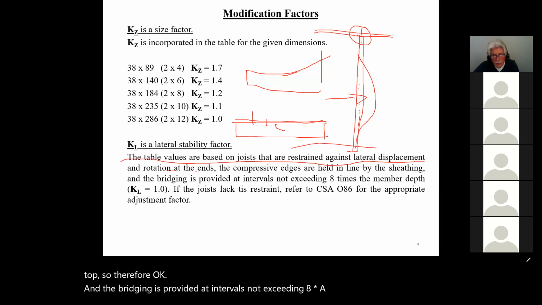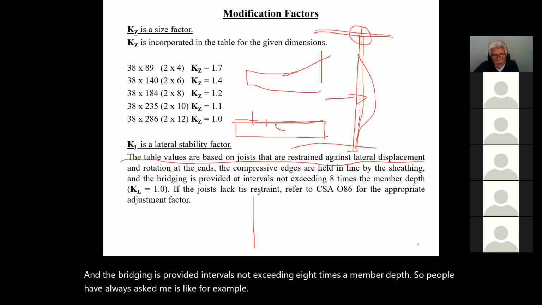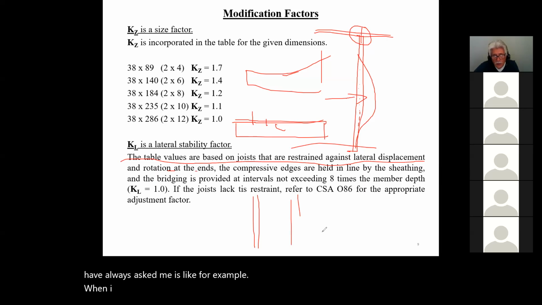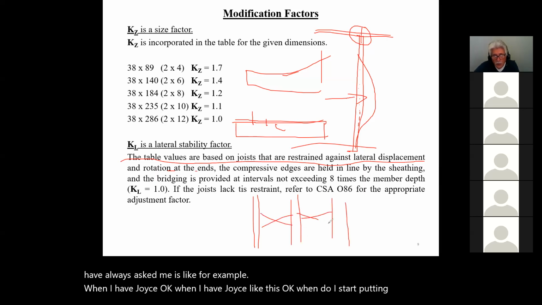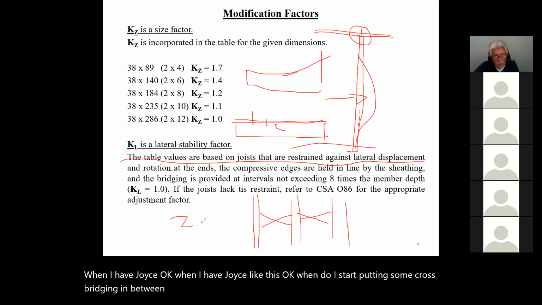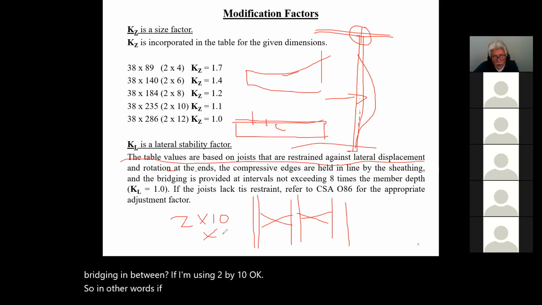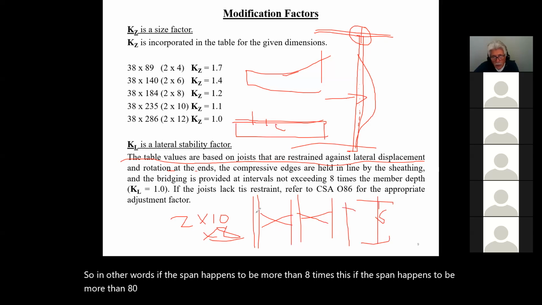People have always asked me, for example, when I have joists like this, when do I start putting some cross bridging in between? Well, if I'm using 2 by 10s, and the span happens to be more than 8 times this depth, more than 80 inches, then I should put a row of cross bridging, and that's what they're saying here.